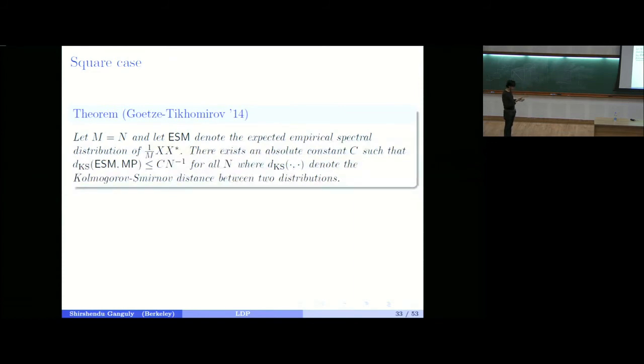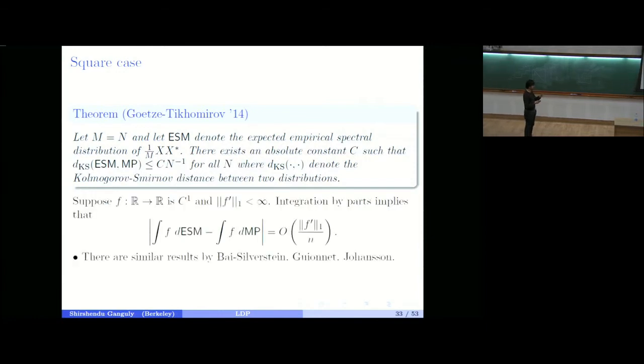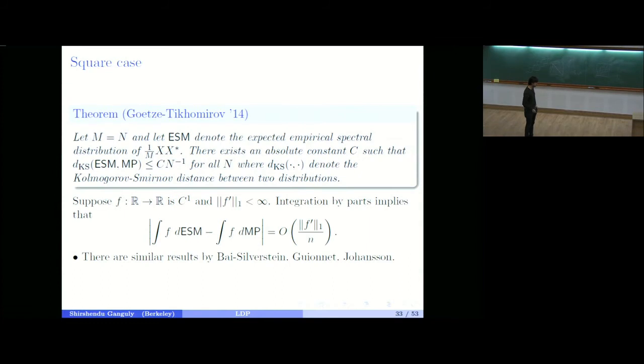If you use that, then you can use some integration by parts. So if you have some bound on the Kolmogorov-Smirnov statistic, you can bound how expectations differ by just integration by parts. But as Ofer pointed out, this was really not the right thing to use. So there are several other results by Bai and Silverstein, Alice, and Johansson, which actually do the job. There are other results which you can also use.